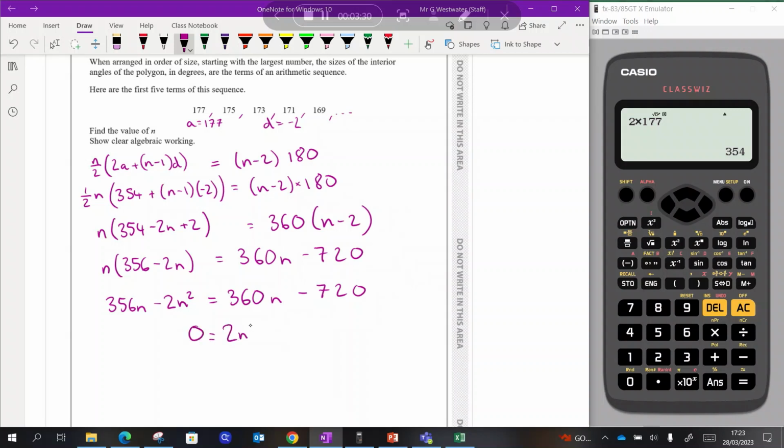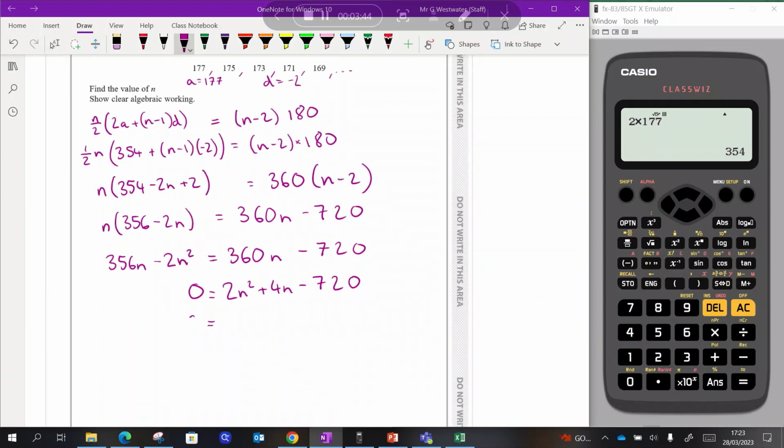So 2n squared, then minus 356n from 360 will just be plus 4n, minus 720, leaving us with, if I divide everything by 2, n squared plus 2n minus 360 equals 0.